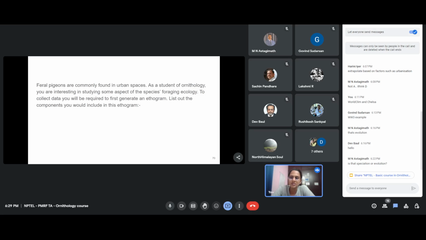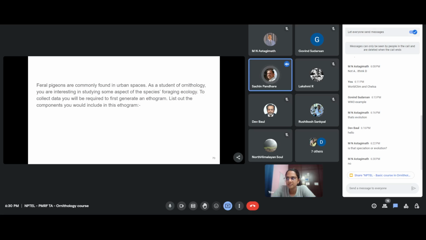Okay, so to collect data, you will first be required to generate an ethogram. All of you know what an ethogram is, right? Would someone like to explain what an ethogram is? Activity tracking related parameters. Yes.